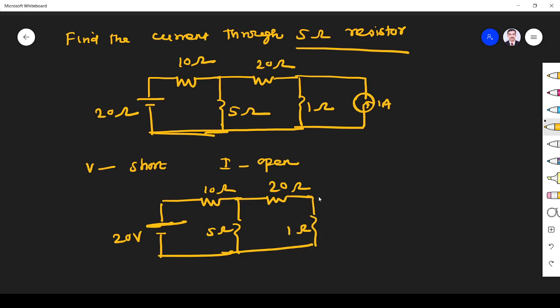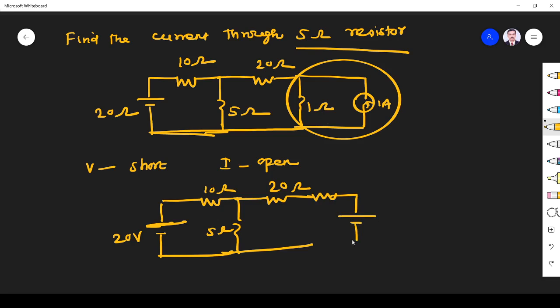Here what we have to do, this 1 ohm and 1 ampere are in parallel, so convert into equivalent voltage. So this is I, this is R, I into R is equal to V, so 1 into 1 is V. Voltage source must be in series with 1 ohm, so it will be like this. So this is 1 volt, 1 ohm.